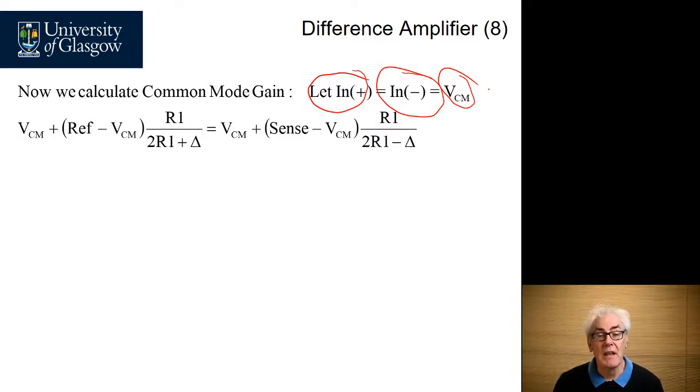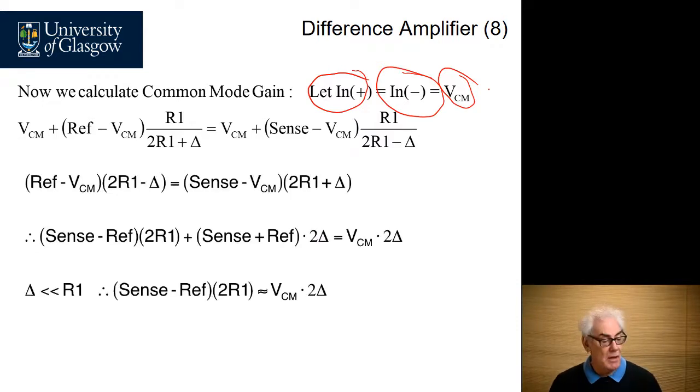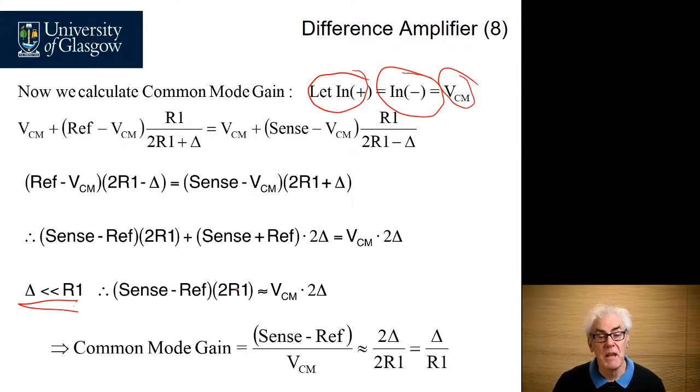So running through the analysis, we land up that, again, if delta is much less than R1, then we land up with a common mode output voltage: times 2 times R1 is approximately the common mode voltage times 2 times delta.